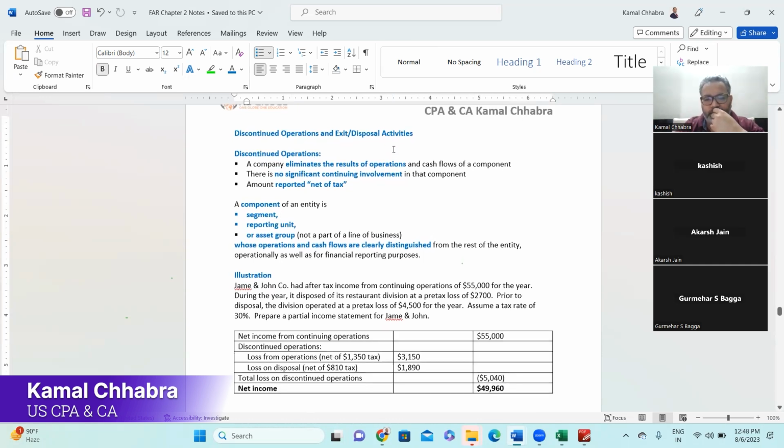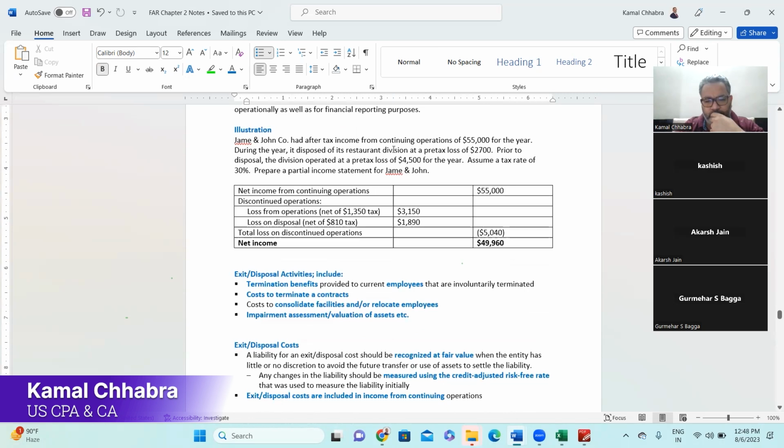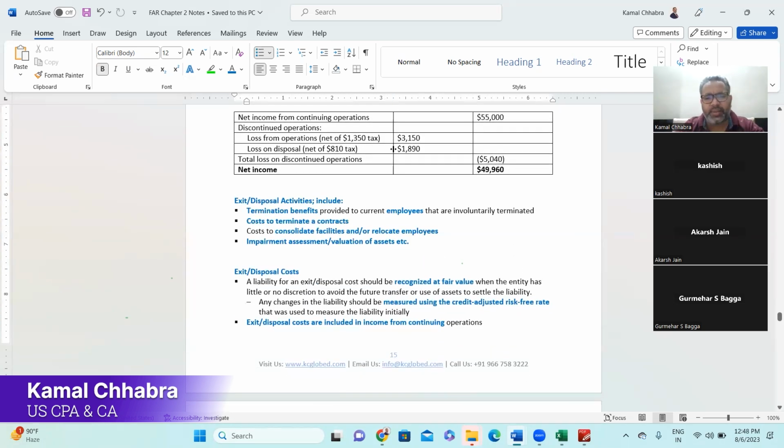Yes sir, just explain the last paragraph once more. Very simple. You know that if you have to pay anything, for example, if you are discontinuing the operation, there might be some contracts which you have already entered. For example, you have entered into a contract with some contract laborers that I'll use your labor for 6 months.